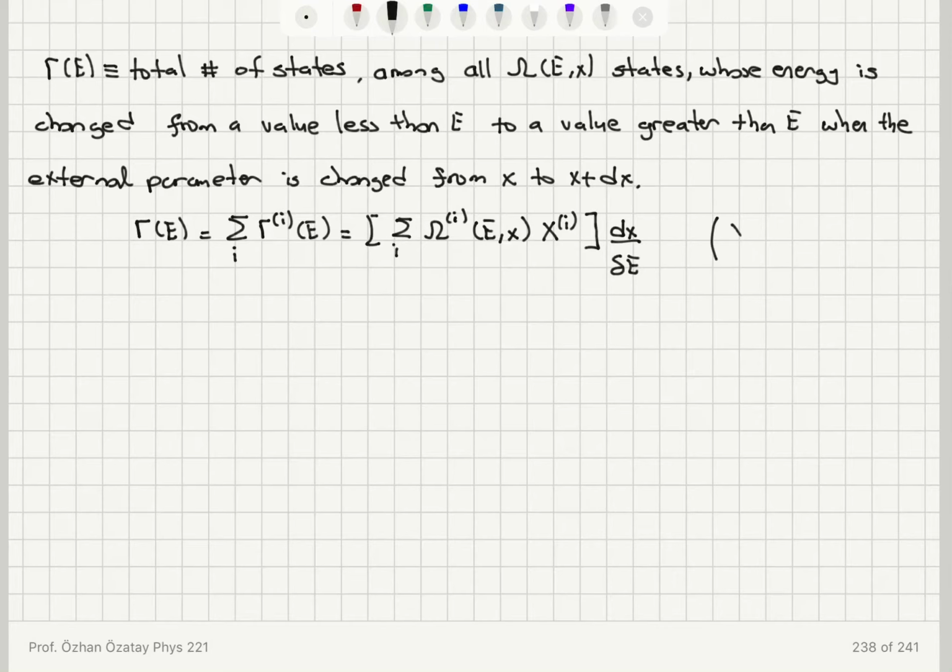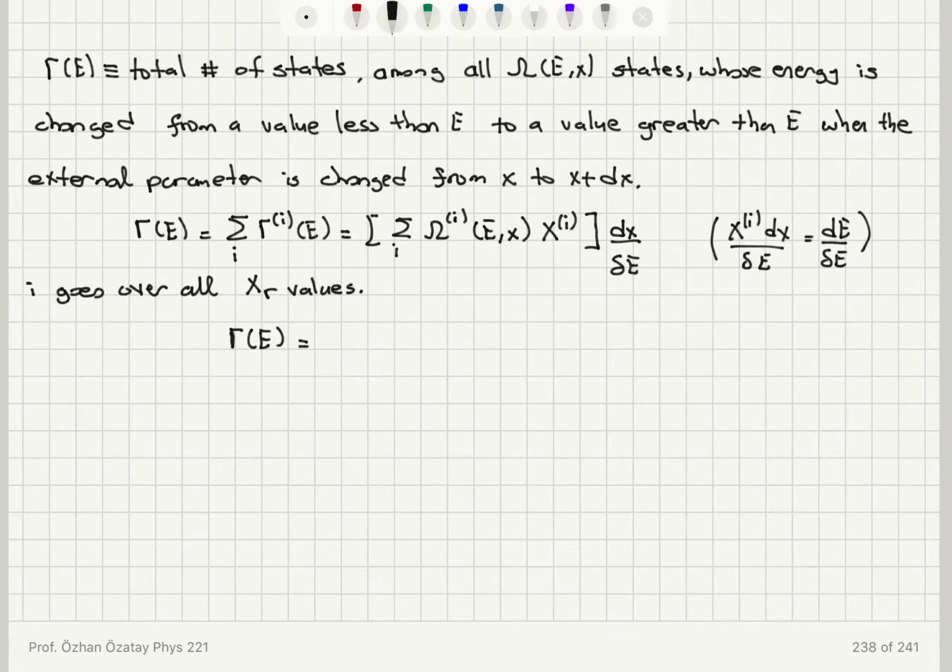Also let me remind myself that xi dx divided by delta E is basically dE divided by delta E. I goes over all xr values, so it's the index for going over all xr values, so that I will find for gamma E.